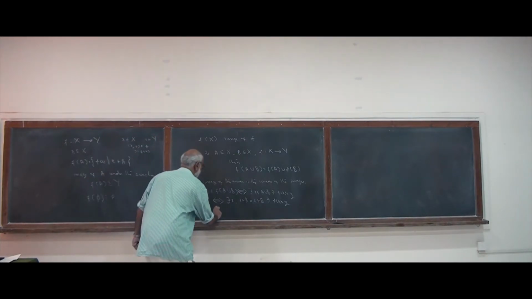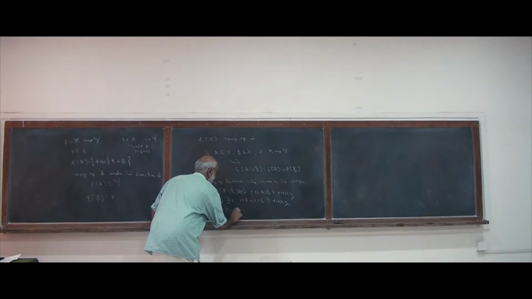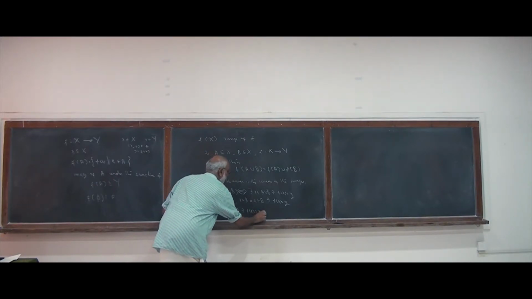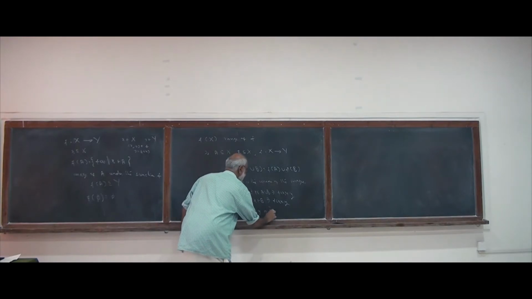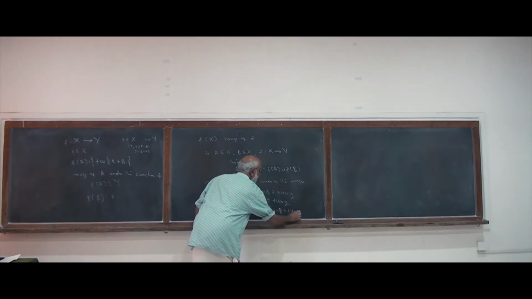That is, either there exists an x element of A such that f of x is equal to y, or there exists an x element of B such that f of x is equal to y.